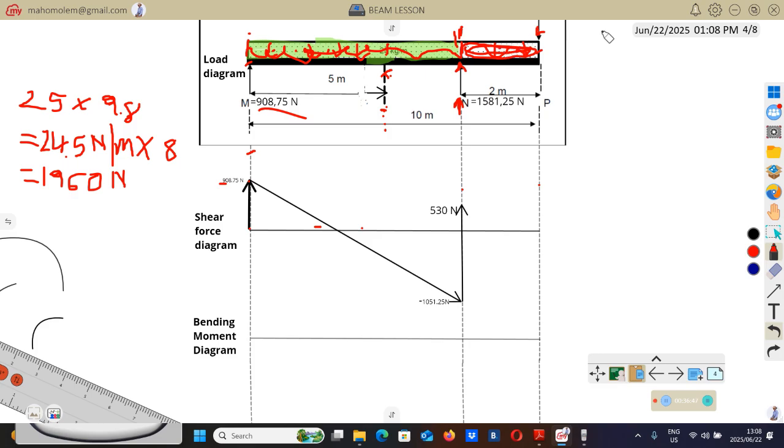So how much is this weight? You will do the same thing. You will see 245 multiplied by the length of this section, from here to there, which is 2.